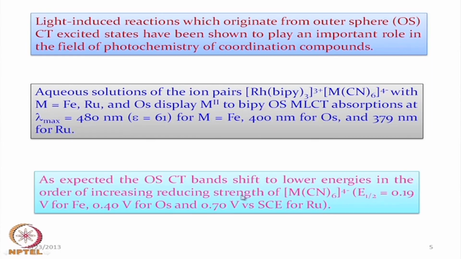So this gives us a clue for the shift to lower energies as we move for complete electron transfer, because the reduction is nothing but the complete electronic charge transfer from one orbital to the other, for iron and its reduced form, osmium and its reduced form, and ruthenium and its reduced form. When these are present for iron, osmium and ruthenium, they are all in the +2 oxidation state. So when you go for their reduction, they will form the +1 oxidation state.